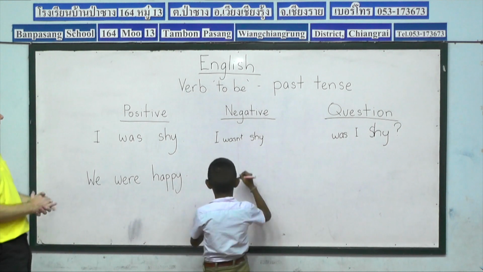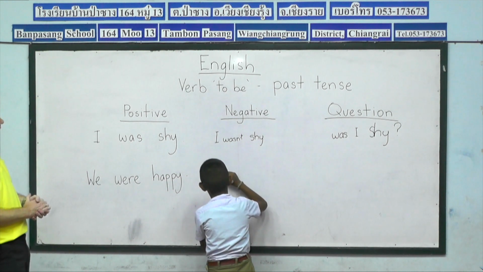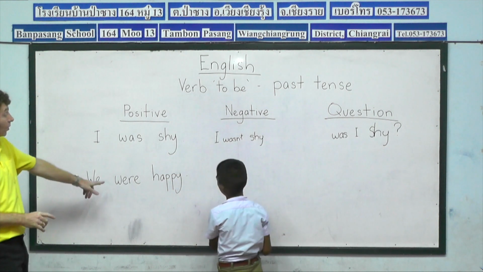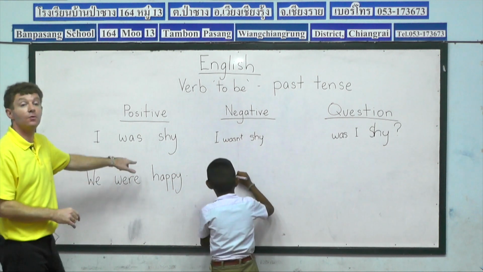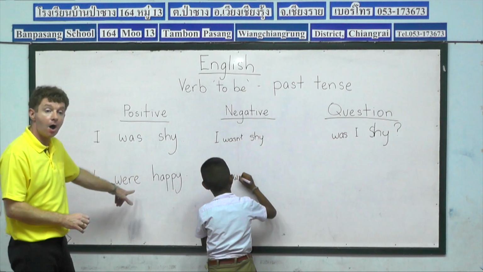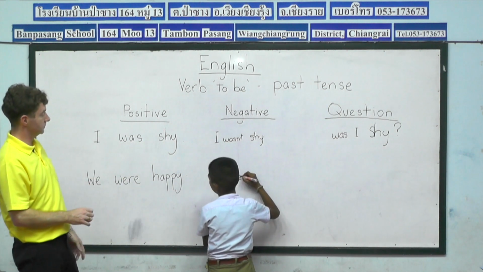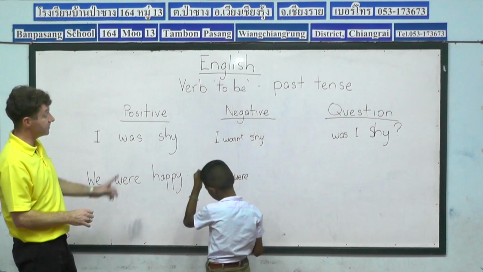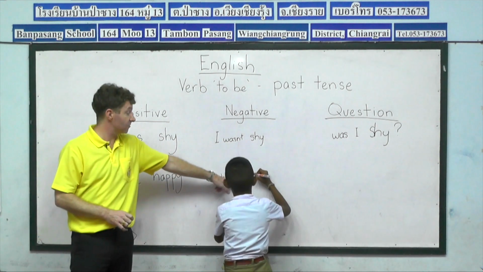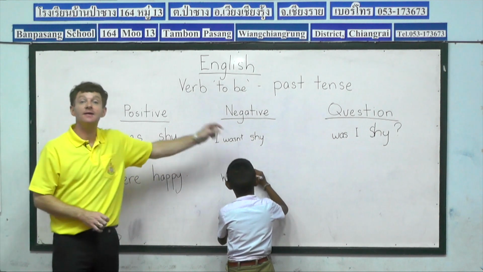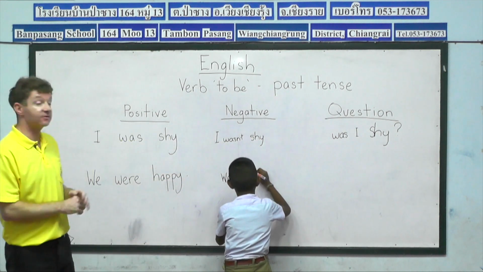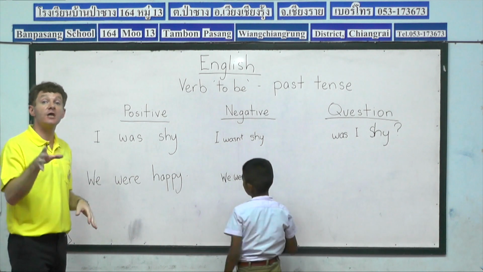We, W, E. And then were, W, E, R, E. Excellent. And then to turn the positive into a negative, N apostrophe T. Instead of we were, we say we weren't.